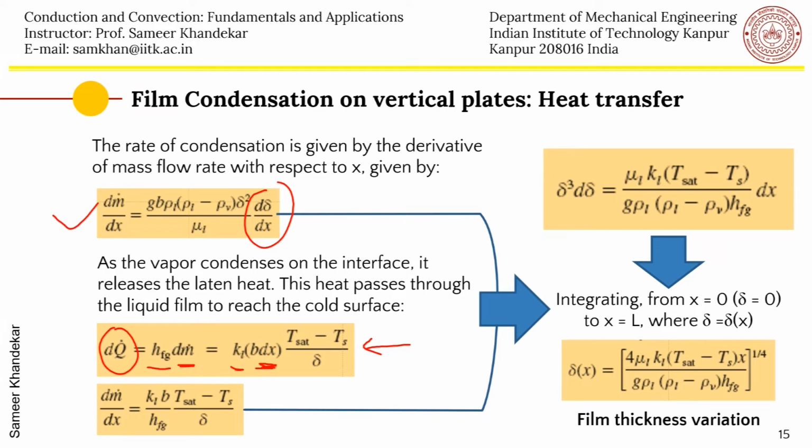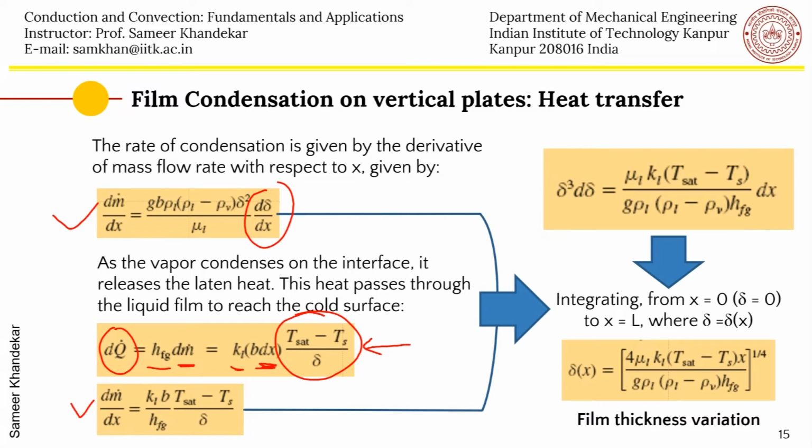So now we have two independent expressions of dm by dx, one coming from the continuity equation and the other coming from the energy equation, and now these two can be equated together to get the governing equation of delta. So this is the governing equation of delta, which we can now integrate to get the film thickness variation.